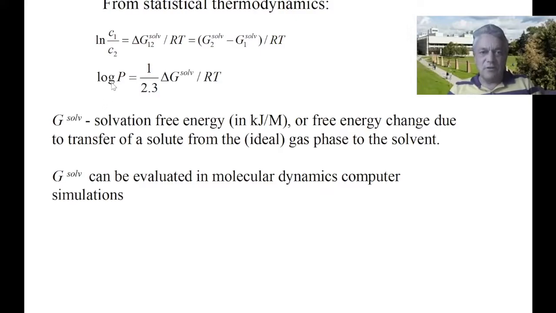And the corresponding log P, which is a decimal logarithm, we get by just putting in the coefficient 1 divided by about 2.3 to go from natural to decimal logarithm. And the solvation free energy is the free energy change due to transfer of a solute from the ideal gas phase to the solvent. And this is what can be computed in molecular dynamics computer simulation.